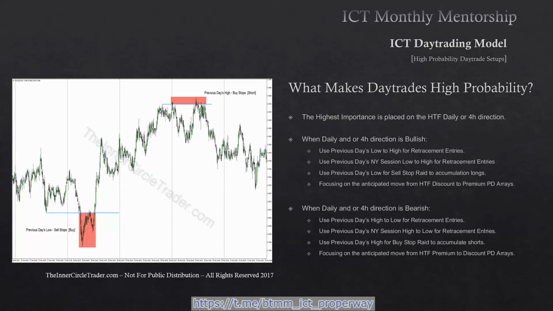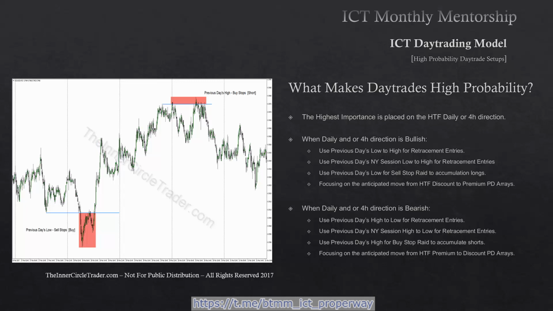There's also one that's not listed here, but I want you to think about. What's the highest high and the lowest low during the London session? That means the London high and the London low for the London kill zone. Then also looking at the London high or low to the low or high contrary to it.